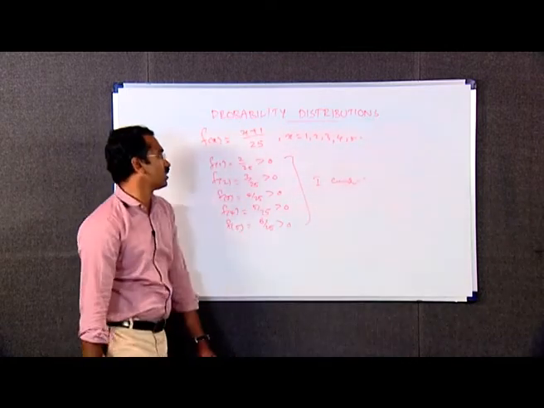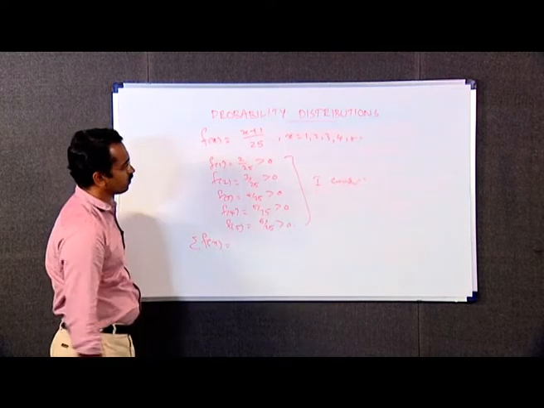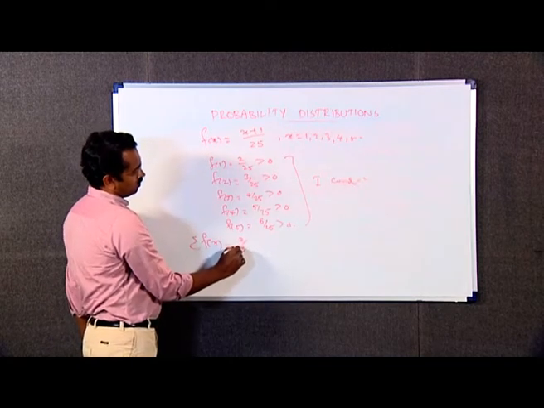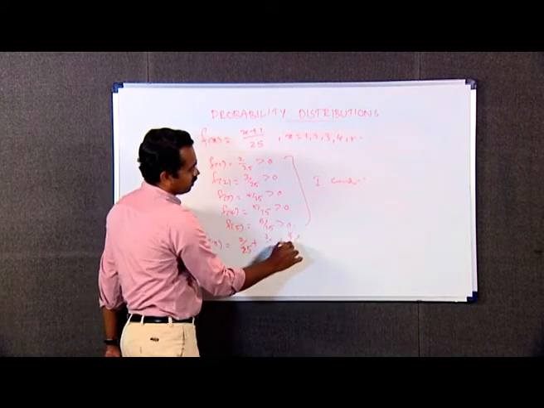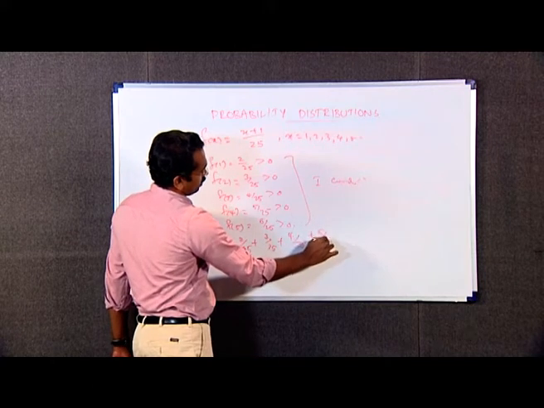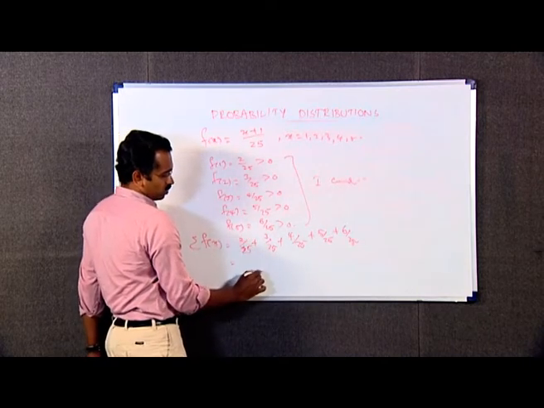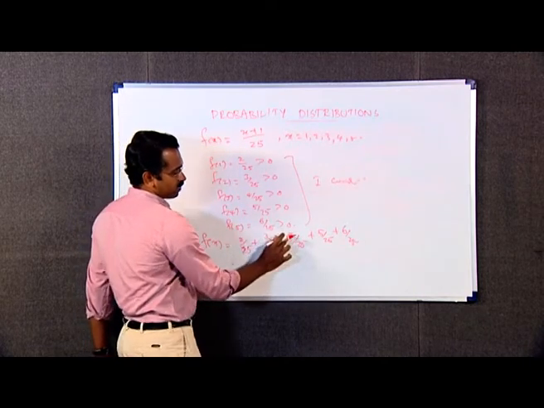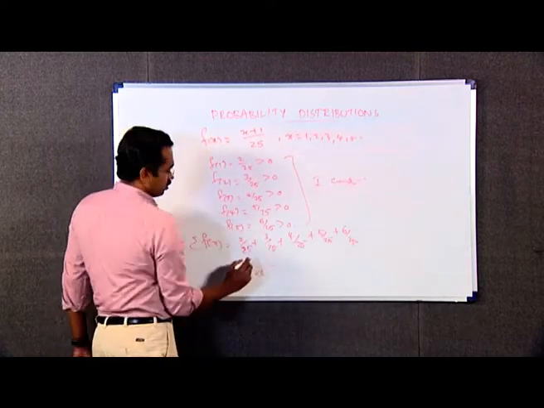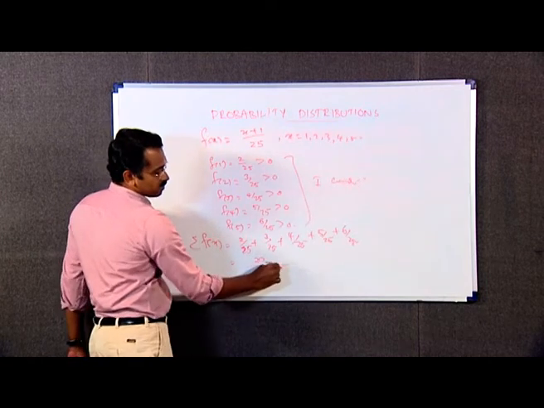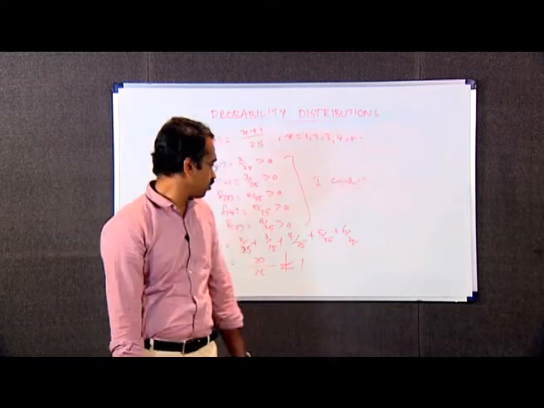Now, we have to check the second condition, that is summation f of x is equal to 2 by 25 plus 3 by 25 plus 4 by 25 plus 5 by 25 plus 6 by 25, which is equal to 2 plus 3, 5, 5 plus 4, 9, 9 plus 5 is 14, 14 plus 6 is 20, 20 divided by 25, which is not equal to 1.